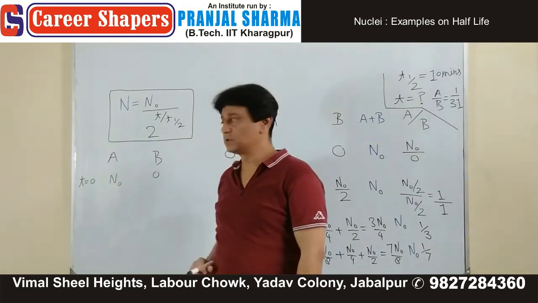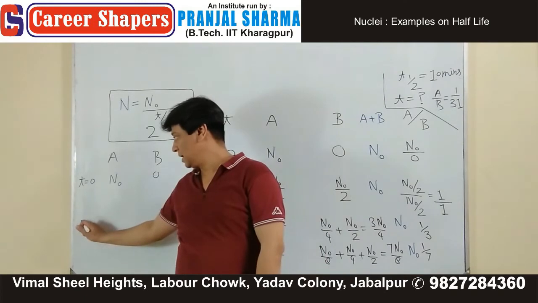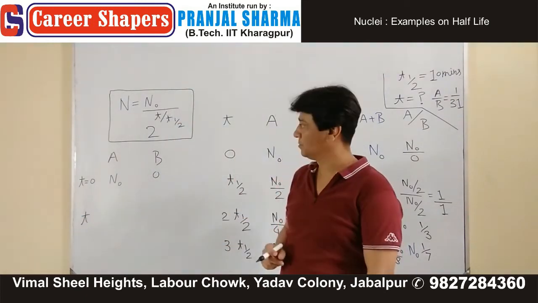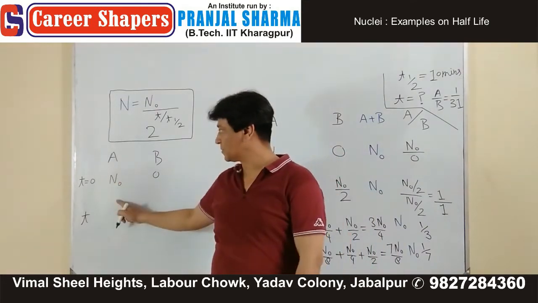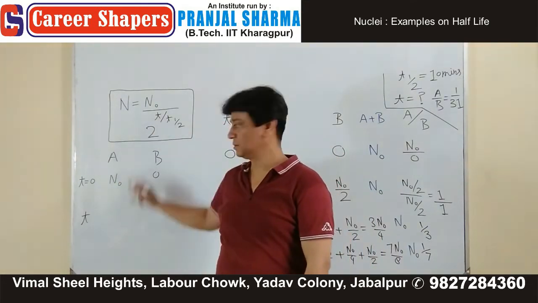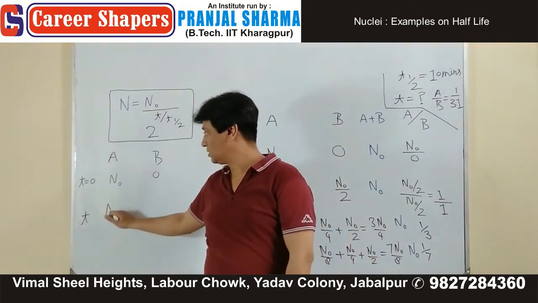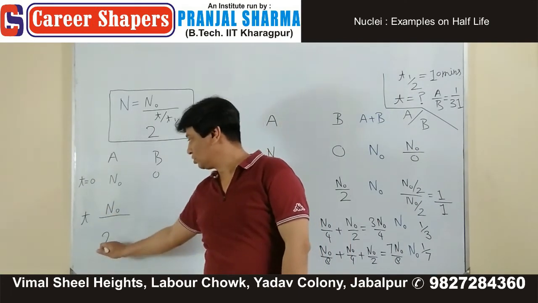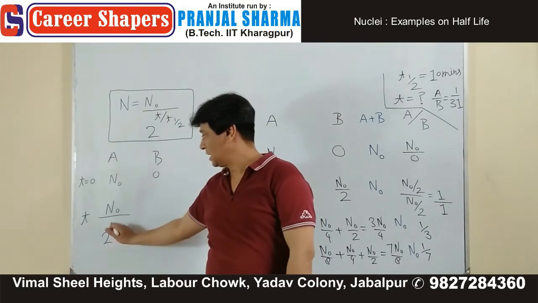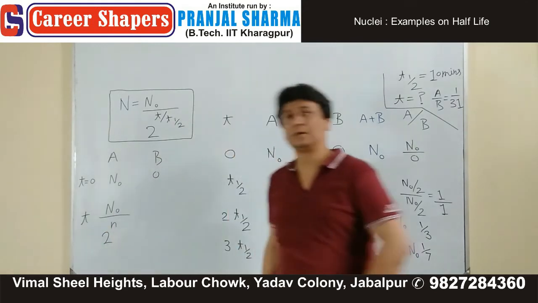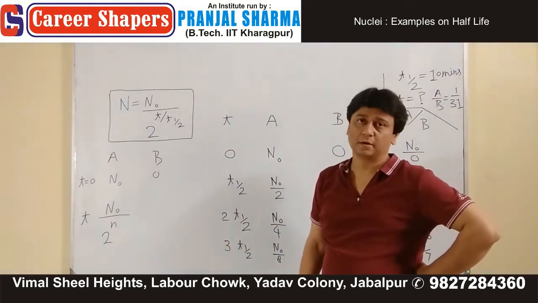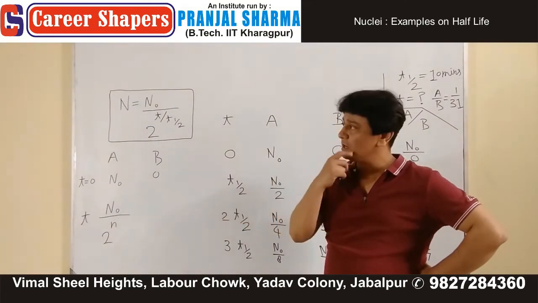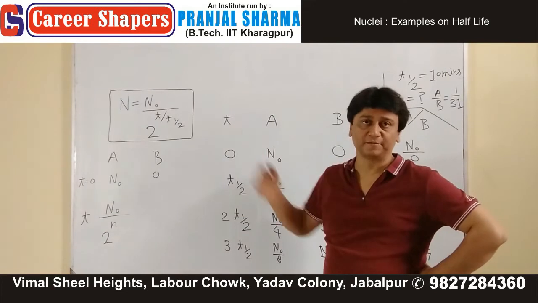B is not present. At time T, any time T, how much A is present? This much: N naught upon 2 to the power n. What is n? N is time in terms of half-lives.